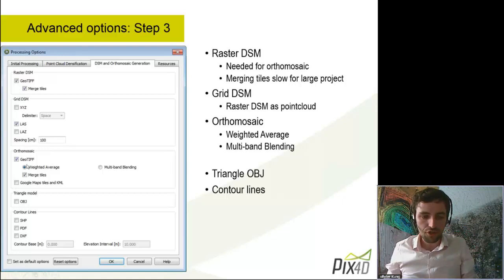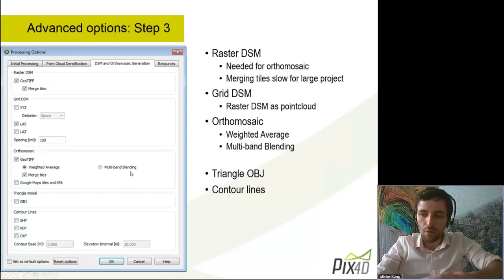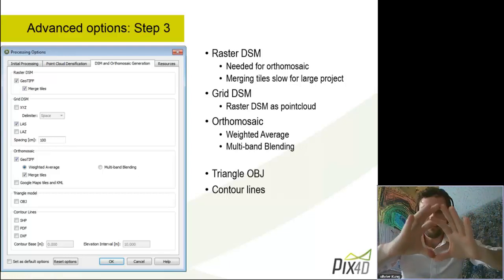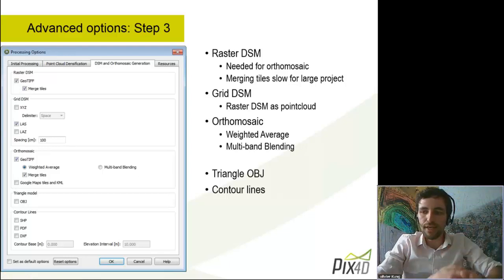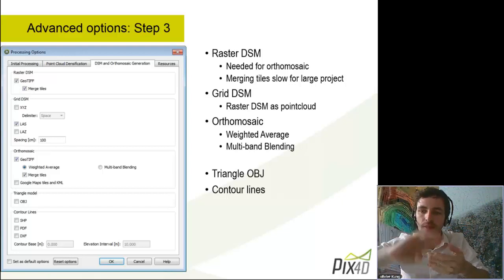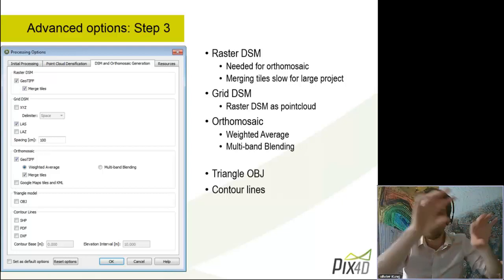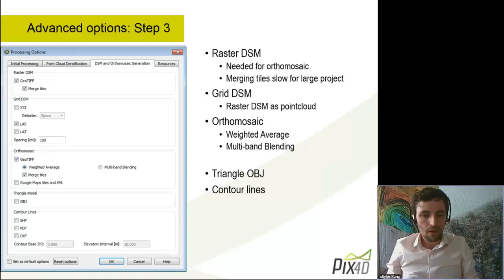However, in some situations, you may obtain sharper results by using multi-band blending, where in the final auto mosaic you will have areas which will each be from only one single image, and then some smoothing in between the different places.